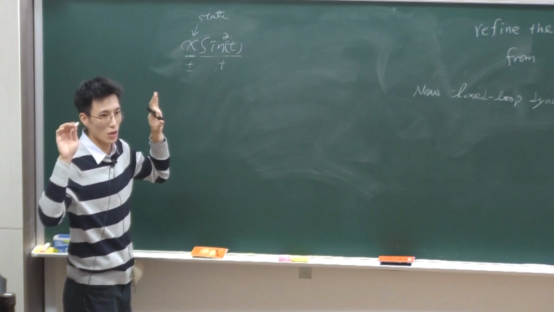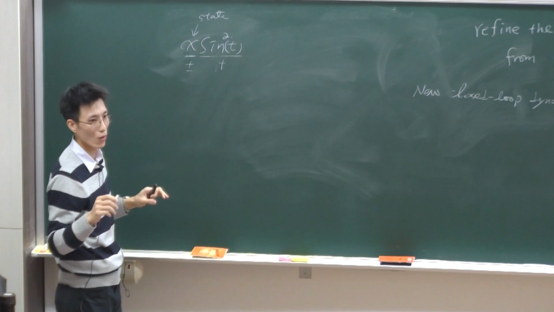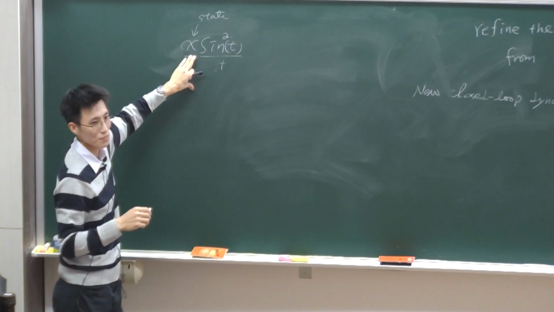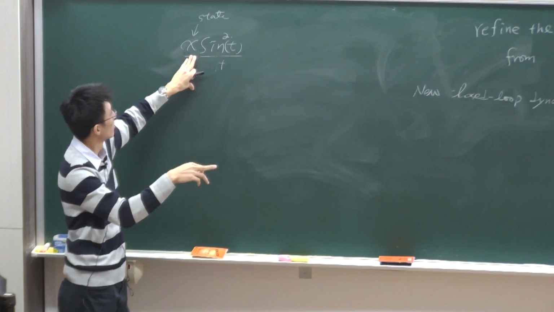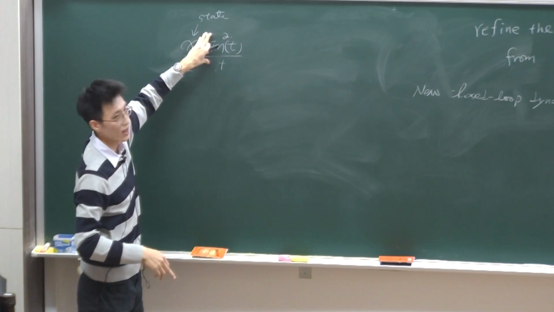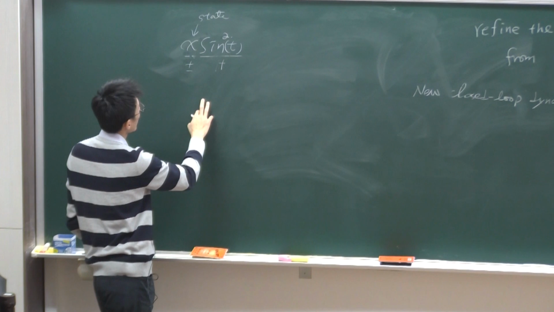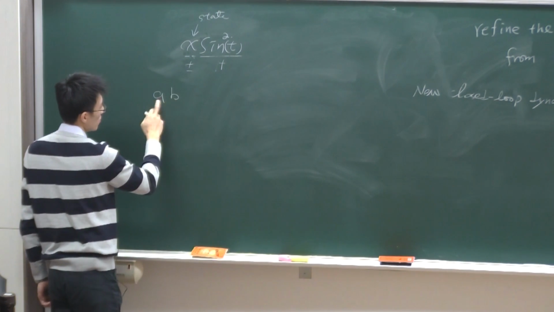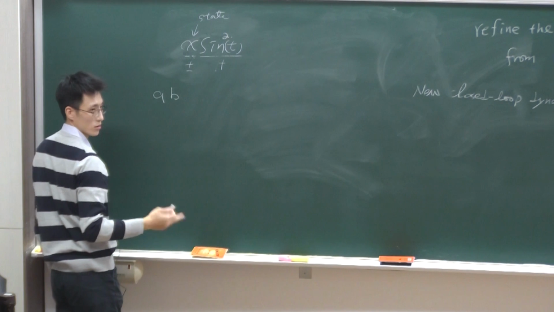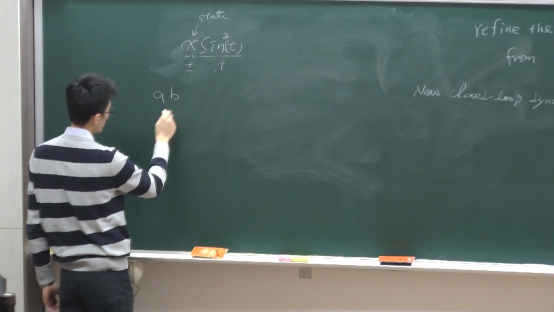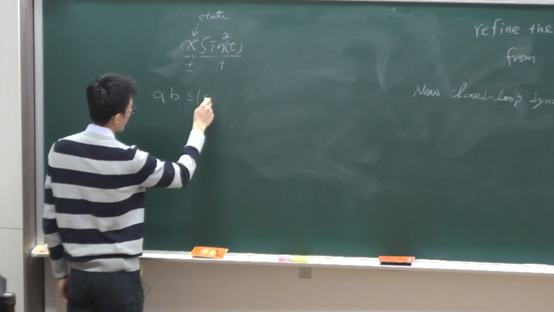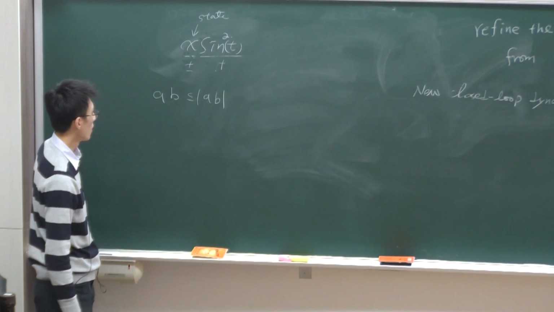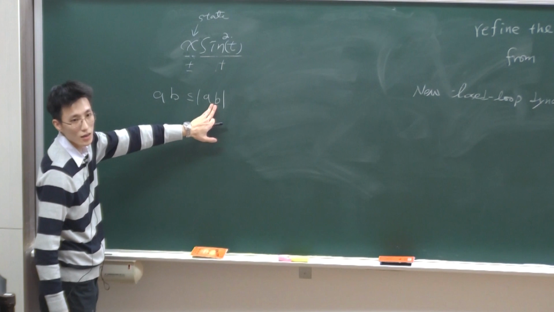So you need to consider the worst case. Worst case means what is the largest value of this? You want it to be negative. So the worst case is the largest value of this. So you can say for A and B, any real numbers, could be positive or negative, you can upper bound AB by the absolute value of AB, right?